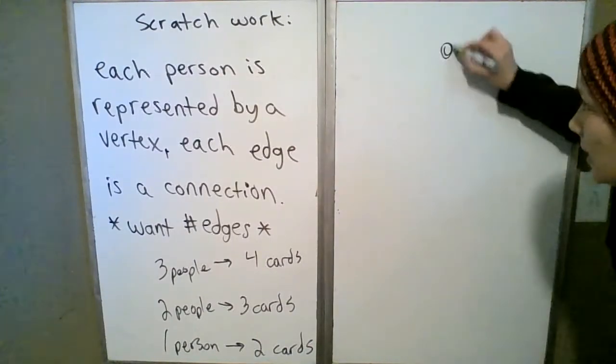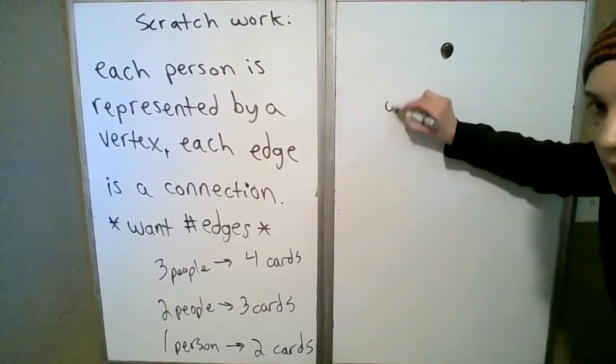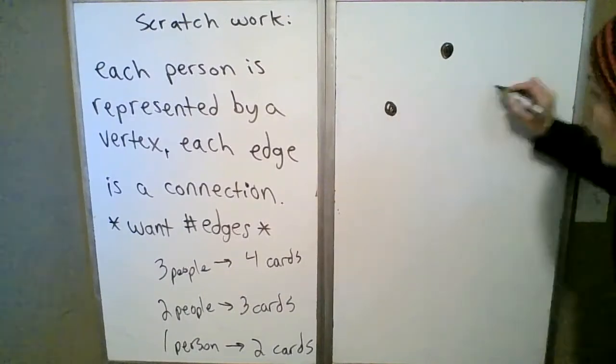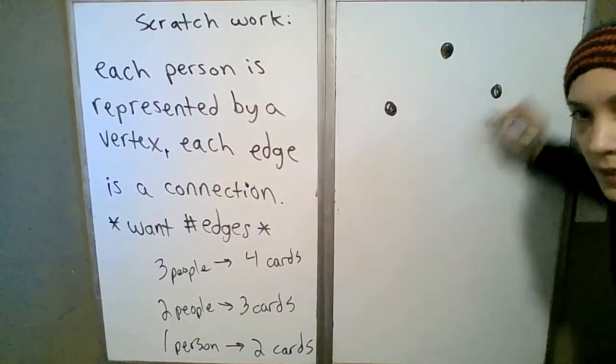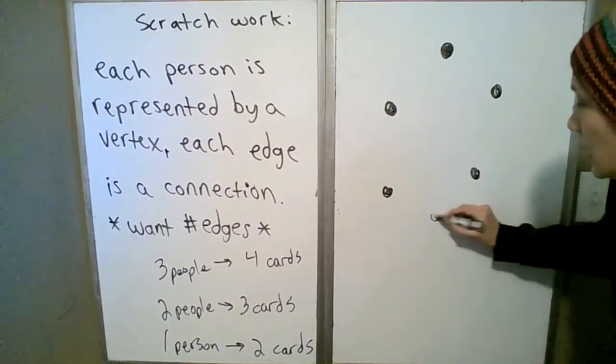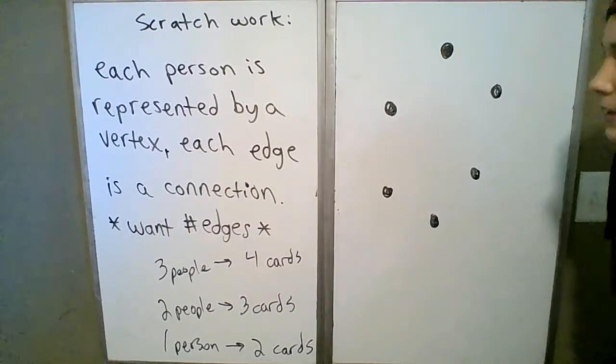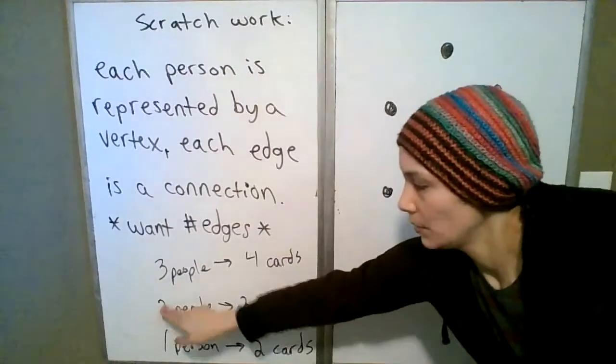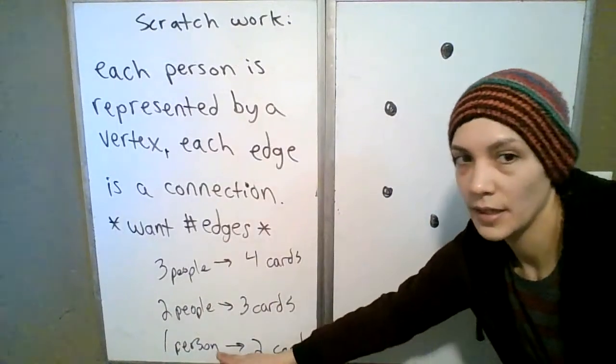Okay, so I got a graph from drawing the vertices like this. 3, 4, 5, 6. 3, 4, 5, 6 people that I need in the graph.